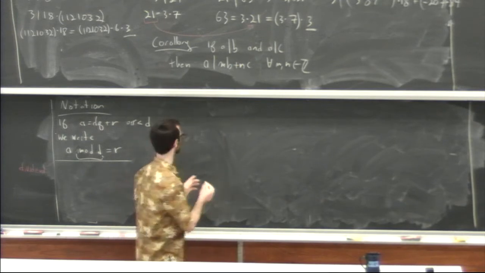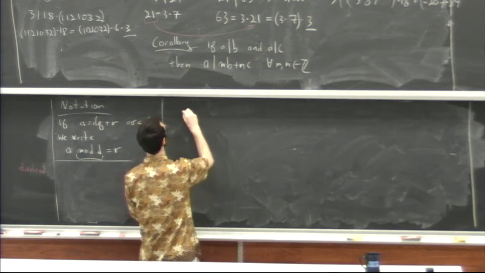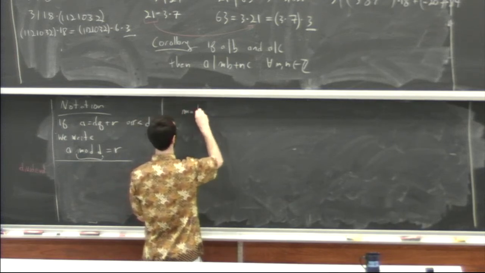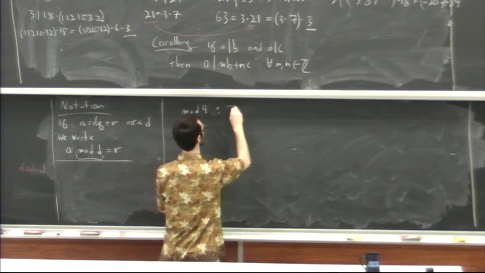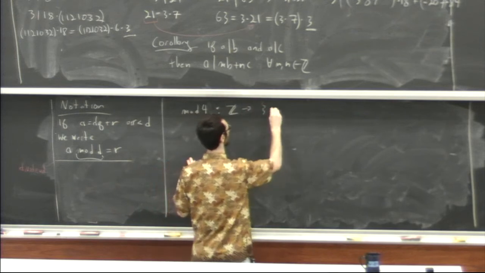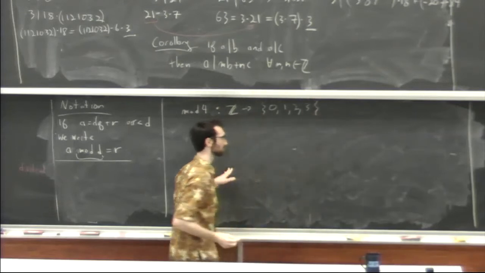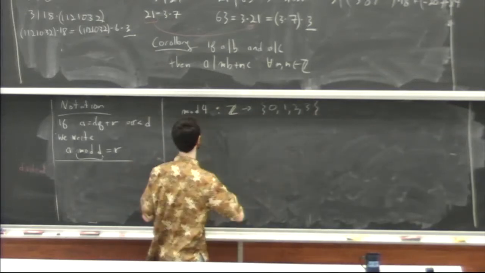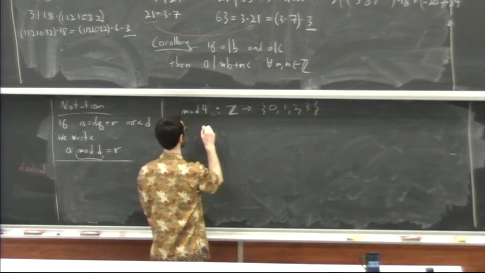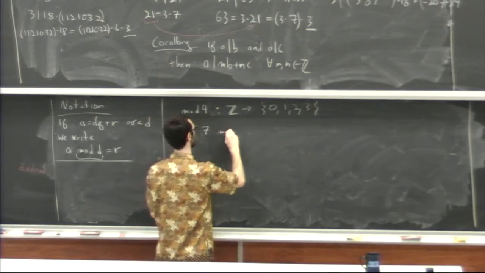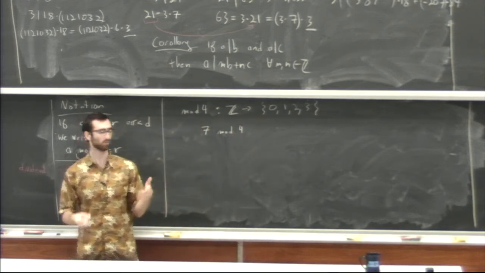So let me just do a quick example. Let's consider the function mod 4. And this is a function from z to the set of numbers 0, 1, 2, 3. Let's start somewhere. So let's try to think about what mod 4 does to 7, say. 7 mod 4. What's the remainder of 7 after we divide by 4? Well, it's 3.